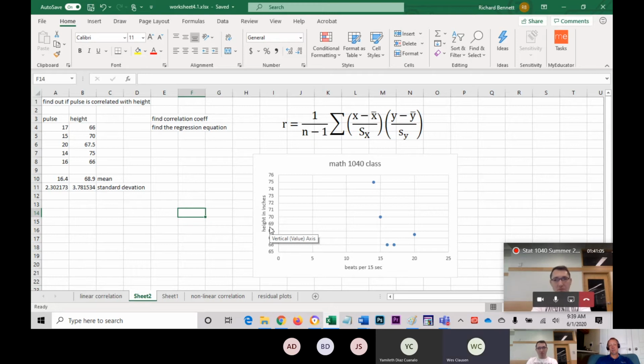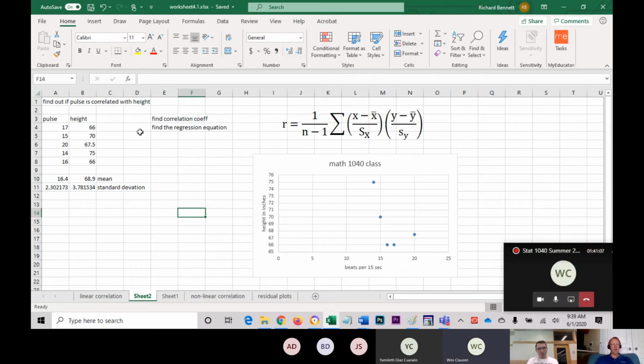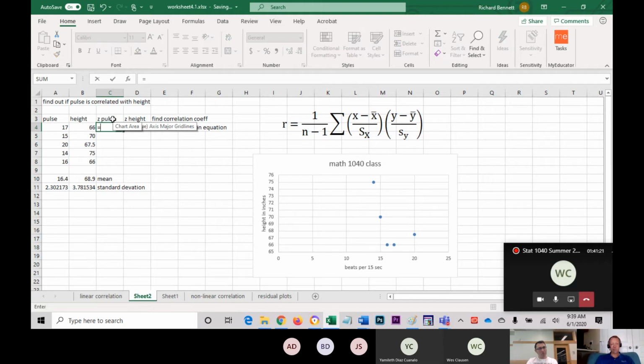At this point, you want to find your z-score? All right, thank you, Wes. We need to find the z-score for the pulse and the z-score for the height. Can you help me do that, Wes? Sure can. You'll want to take your pulse of 17 minus your mean.